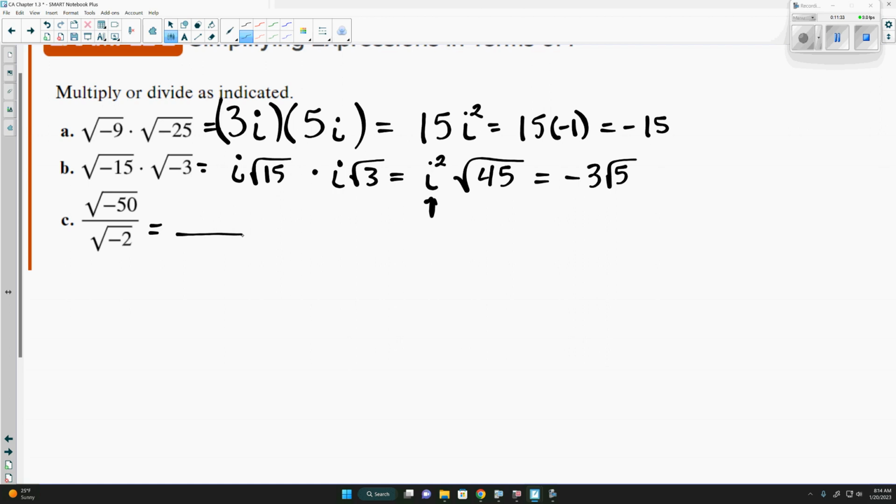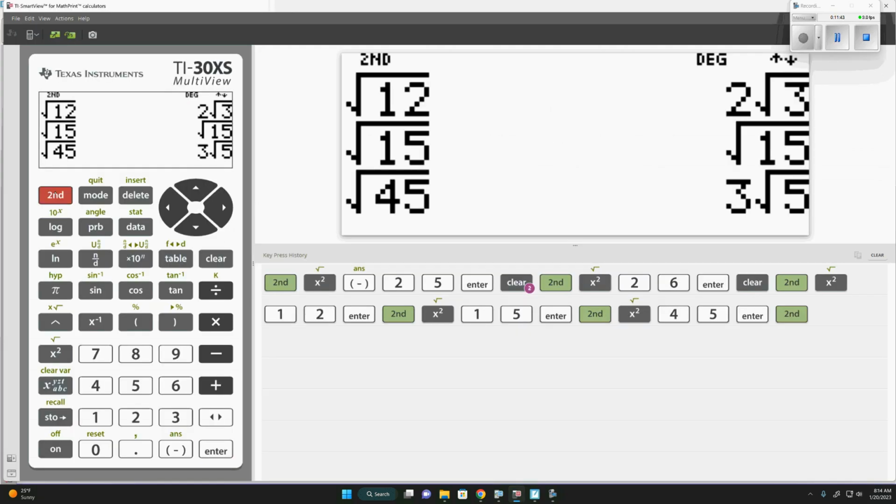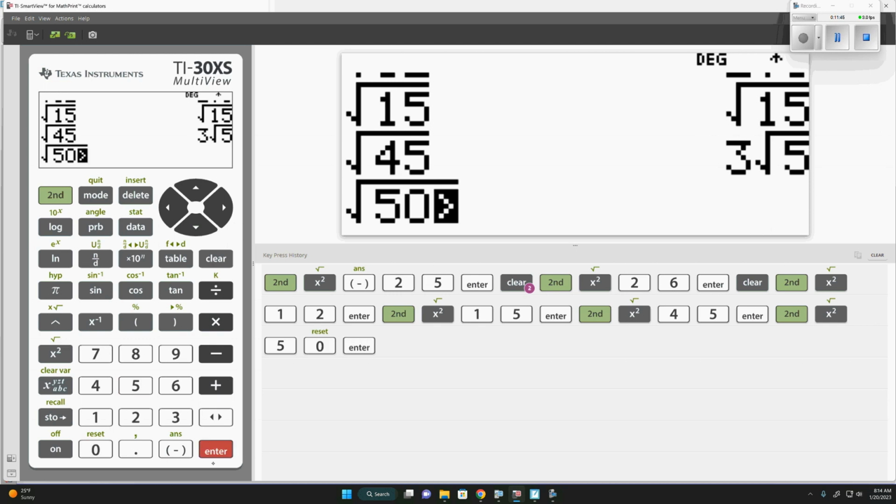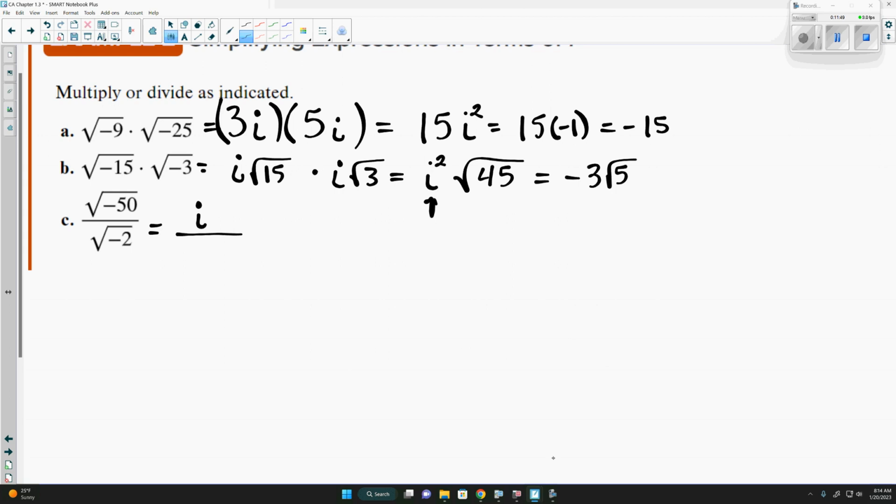Here, we can simplify the numerator and denominator. So the numerator, well, we're going to have i, yes? We can take second, square root 50, which is 5 square root of 2. Denominator.